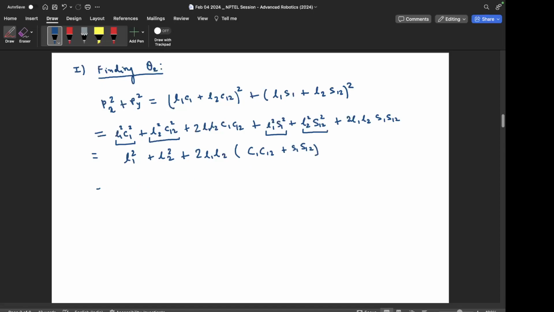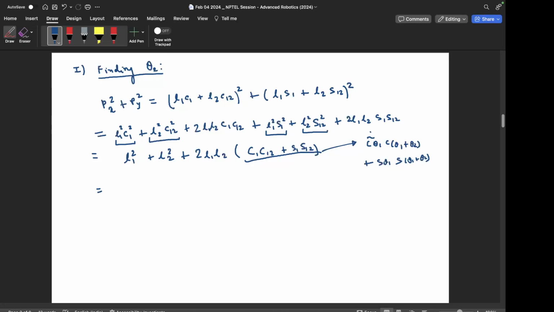Right, now this expression, I'll write in a little bit expanded form, cos theta 1 cos theta 1 plus theta 2 plus sin theta 1 sin theta 1 plus theta 2.